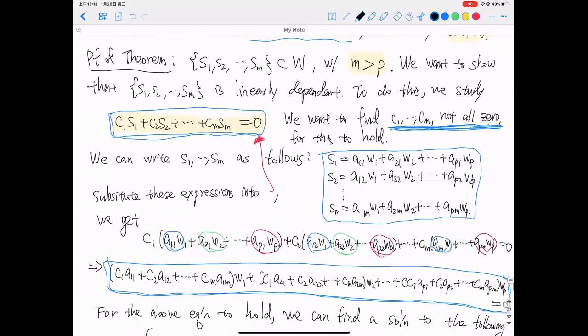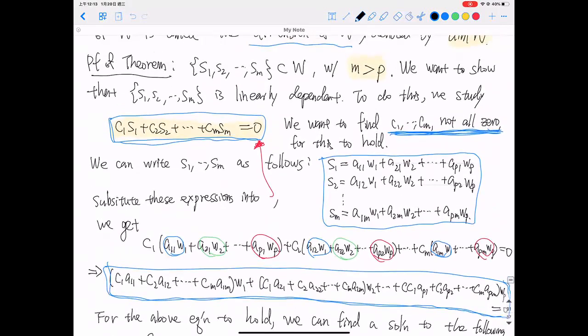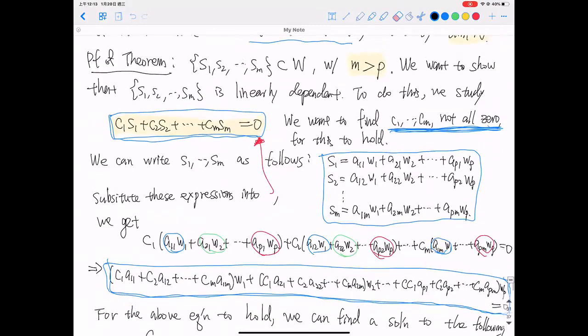Now we have m unknowns and P equations in that system. m is greater than P by assumption, so we have more unknowns than equations.